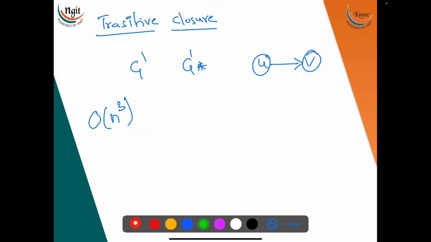Now let's understand what is transitive closure, and what exactly we are going to do as part of it. Assume that the transitive closure of a digraph G' is the digraph G' star such that the vertices of G' star are the same vertices as in G', and G' star has an edge u comma v whenever G' has a directed path from u to v.